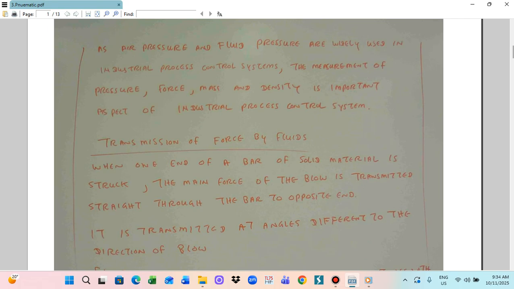Especially in a fluid, when you apply force in one direction, the force is spread in different directions with equal magnitude. So this is called Pascal's law.